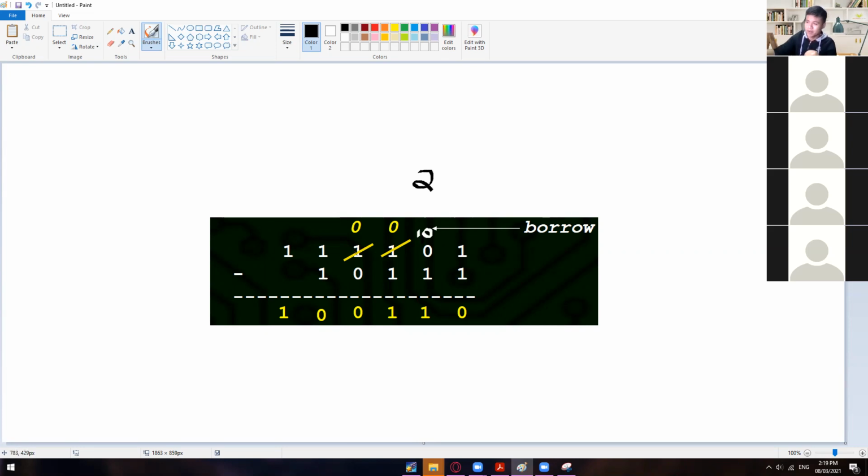So we have to borrow again from your neighbor onto the next number. So this 1 will become 0. Okay, and then this 0 will become 10. And then 10 minus 1 is of course 1. Okay, and 0 minus 0 is 0. 1 minus 1 is 0. And then 1 minus 0 is 1.